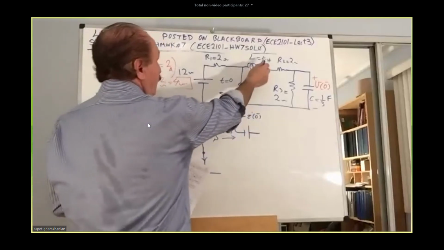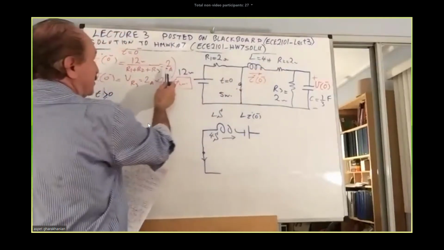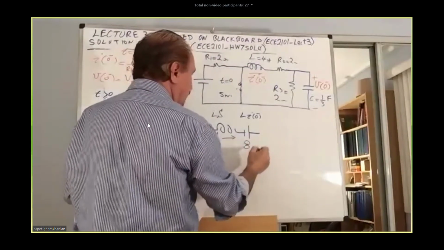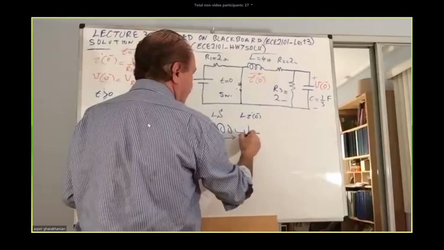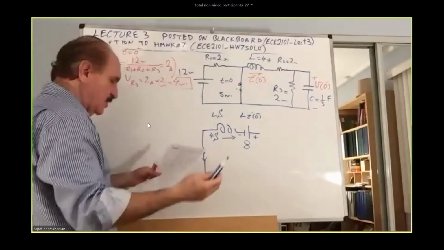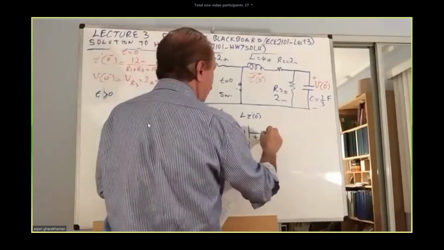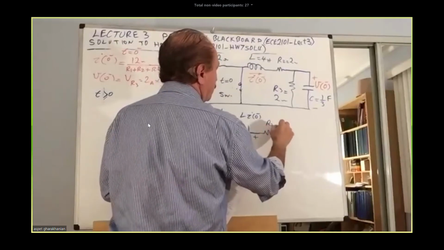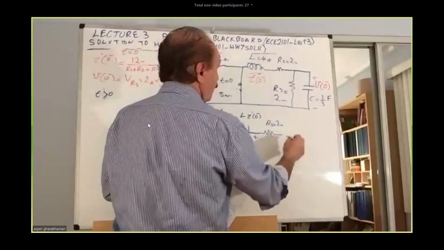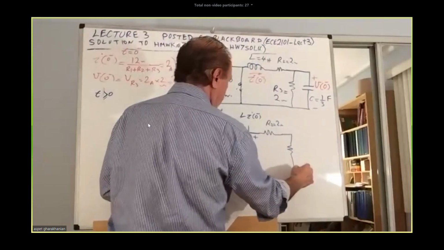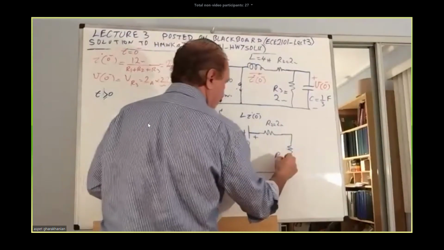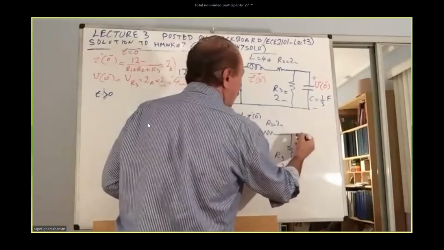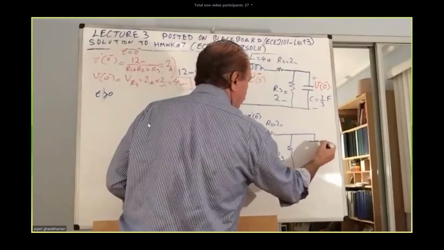L is 4 Henry, so the 4 has to multiply with 2, making it into 8. 8 plus minus, so it's 8 constant. Then you have R2 equal to 2 ohms. Then the R3, which is also equal to 2 ohms.